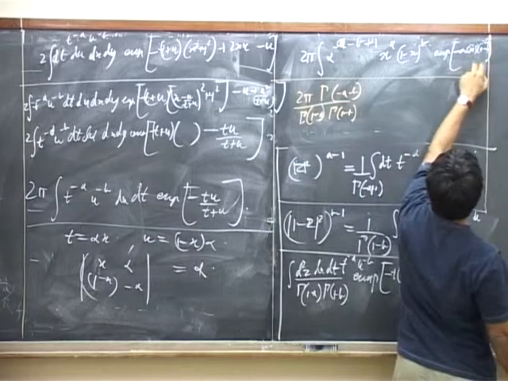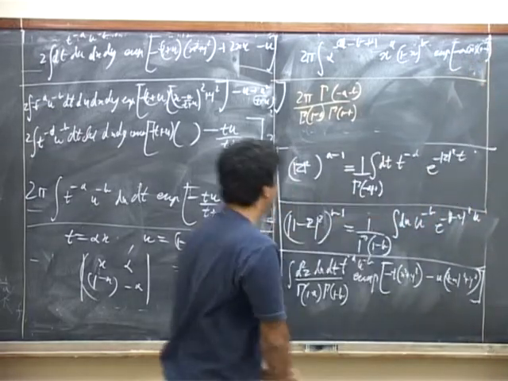For each factor of alpha, we should get a 1 over x into 1 minus x.